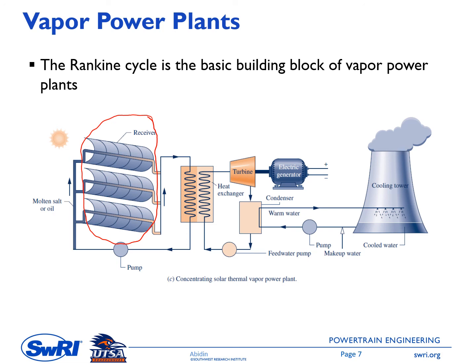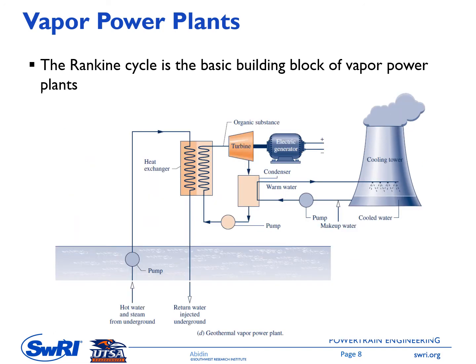They say here it is molten salt or oil that will grab the solar energy, and then it will flow through this small piping and go into this heat exchanger, which is a kind of boiler as well. The system on the right side is the same as the previous slide. So we have a turbine, condenser, pump, and electric generator, and this one is the cooling tower.